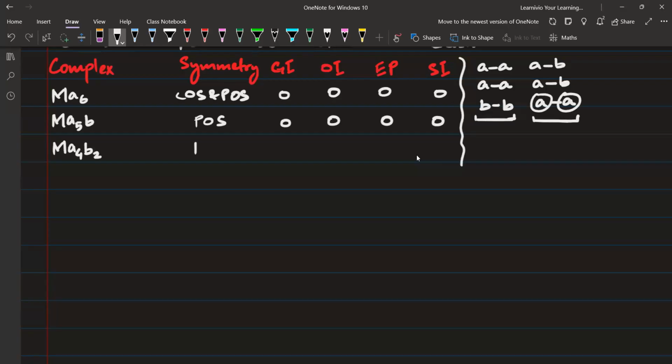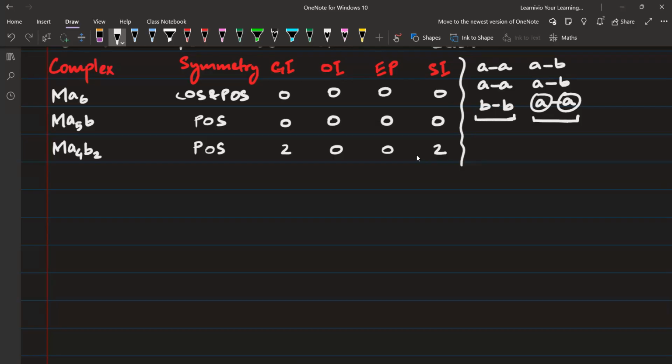So this will also have plane of symmetry. So there are two geometrical isomers in this case, and both the geometrical isomers are having symmetry, right? There are two geometrical isomers, no optical isomer because there is a plane of symmetry, no enantiomeric pair, and how many stereoisomers? Two stereoisomers, and those two stereoisomers are both geometrical isomers. Make sense, yes or no?